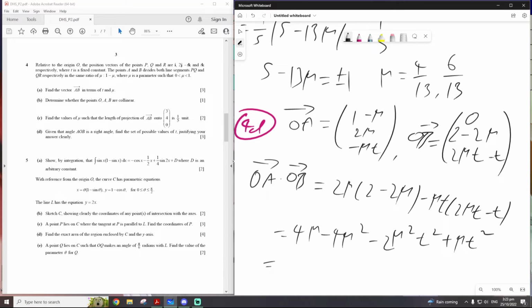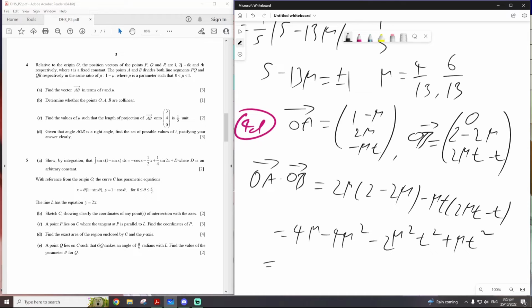And because we want to solve for t, let's factor out the mu squared and mu.